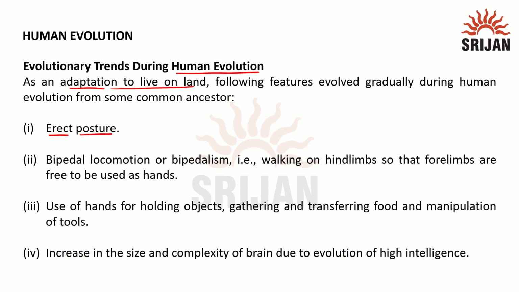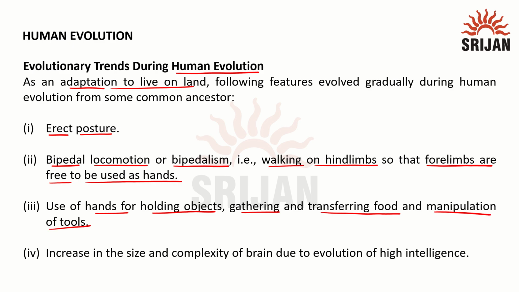Our backbone assumed the S shape that we have today. Second, bipedal locomotion or bipedalism. This is walking on hind limbs so that forelimbs are free to be used as hands. Third, these hands can be used for holding objects, gathering and transferring food, and manipulation of tools, etc.